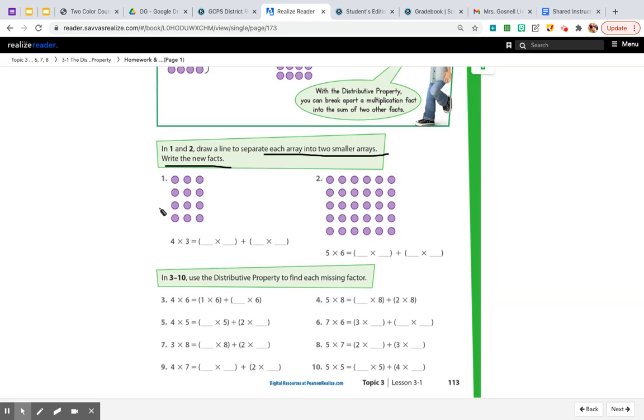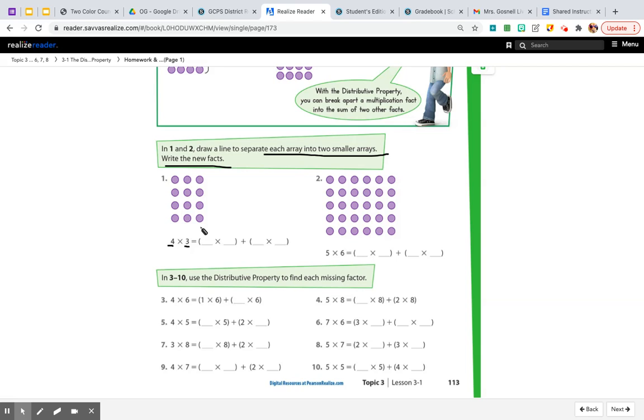So looking at number 1, how would you split it? You could decide to split the 4. Remember that 4 represents the 4 rows. Or you could split the other factor, which is 3, which is represented by the columns. Which would be easier for you? All right, I know how I would split it.